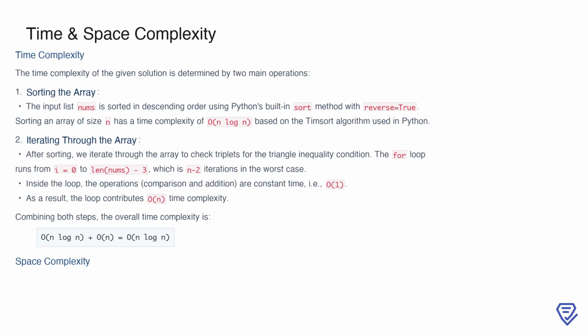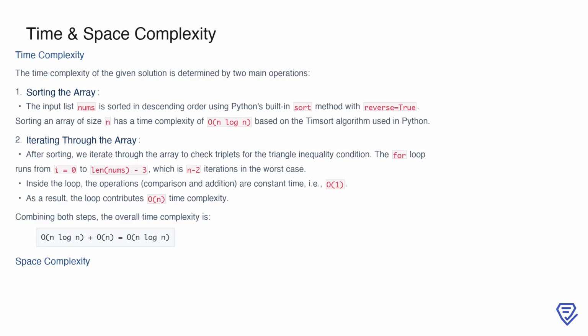The time complexity of this solution is determined by two key operations. First, we sort the input array nums in descending order using Python's built-in sort method with reverse equals true. This sorting step is performed using the timsort algorithm, which operates with a time complexity of O(n log n) for an array of size n. After sorting, we iterate through the array to check triplet combinations against the triangle inequality condition.